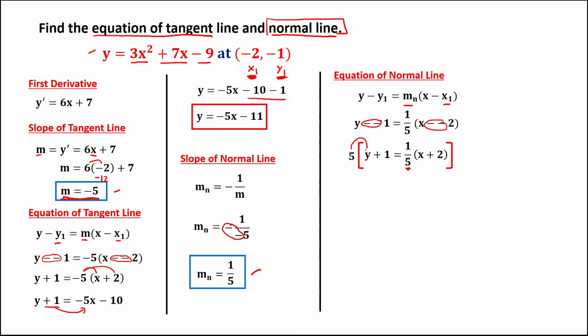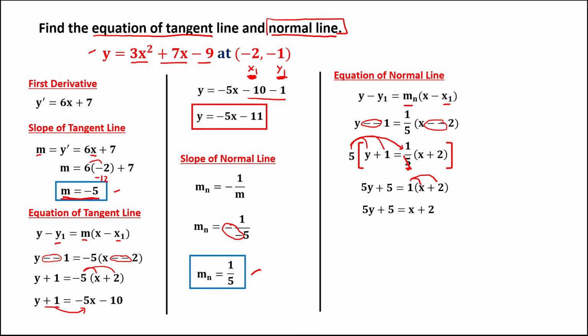So 5 times y becomes 5y, and 5 times positive 1 is positive 5. Then 5 times 1 over 5, we can cancel this 5, so the remaining is 1, times x plus 2. To simplify, 1 times x is x, and 1 times 2 is 2.